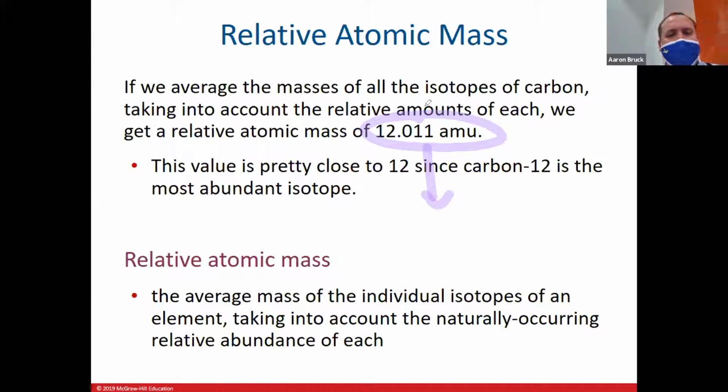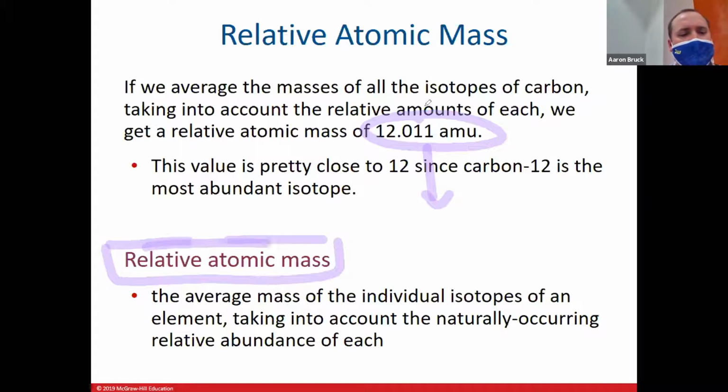And so what we get into here is a discussion of something called relative atomic mass. Relative atomic mass is the average mass of all of the isotopes that exist. But it's not a simple average. When I talk about a simple average, I'm talking about most of the kinds of averages we think of, where I add together all of the things that I'm averaging and then I divide by the number of objects.